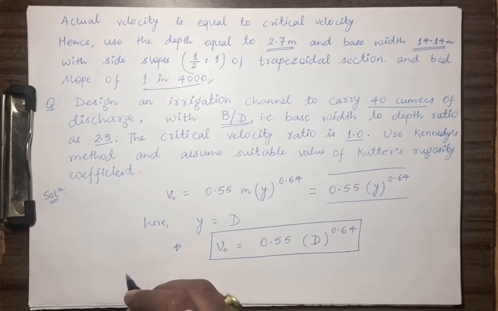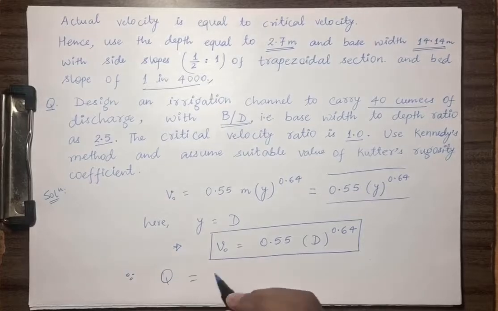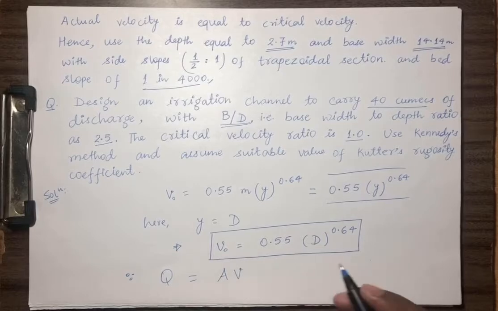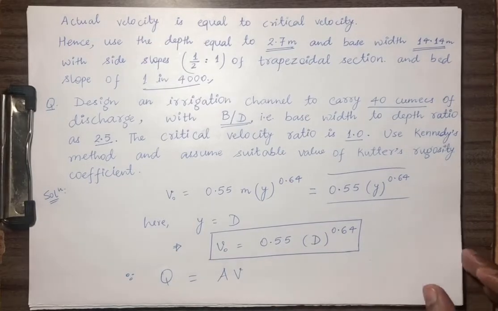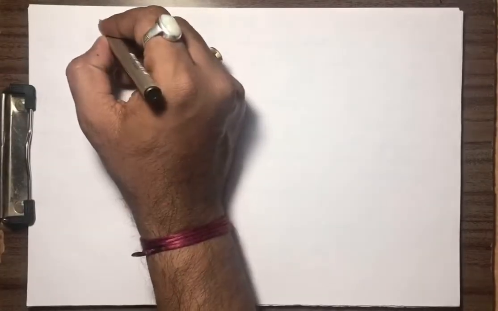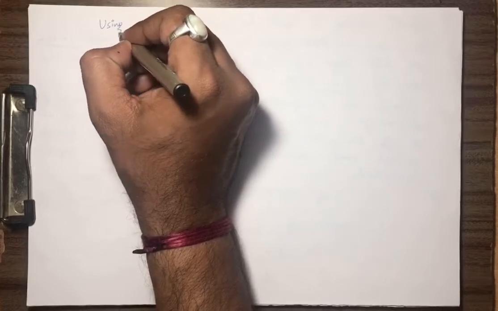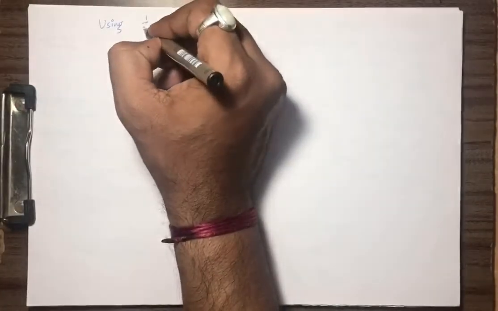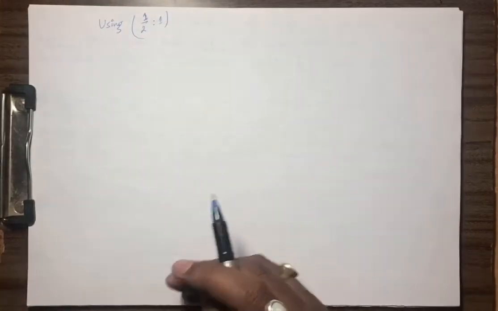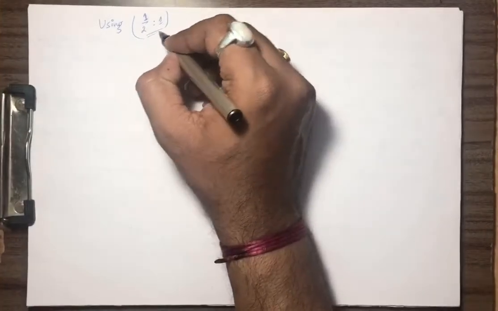Discharge Q is simply area into velocity, this we know, so we are going to use this equation. We are using a side slope of half is to 1. So it is advised, if nothing is mentioned in the question about the side slope, you have to assume this only.